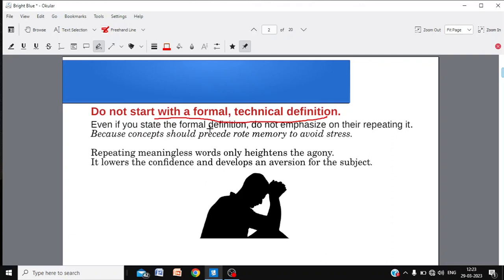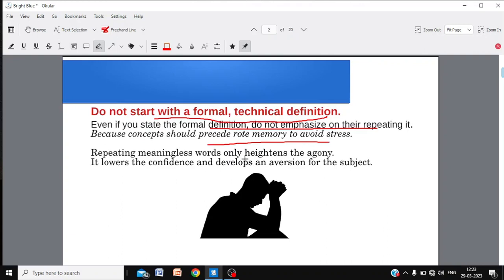Even if you state the formal definition, do not emphasize their repeating it. Never ask them to repeat. For example, a noun is the name of a person, place, or thing. Don't ask them to repeat, because concepts should be based on basic understanding. Do not depend on rote memory.